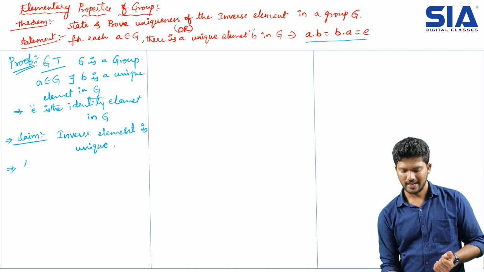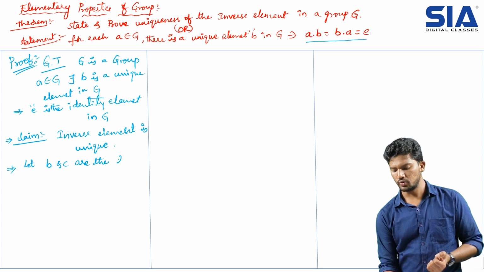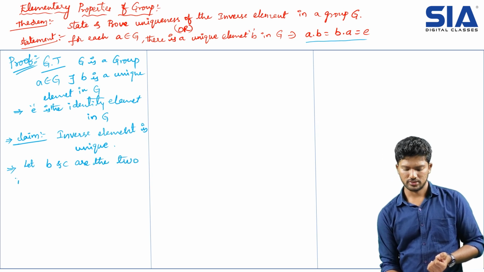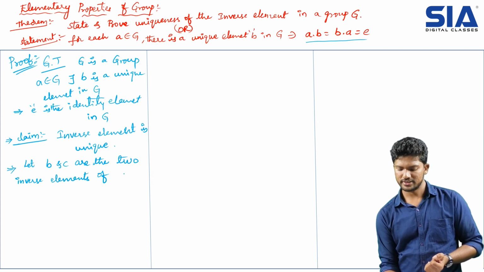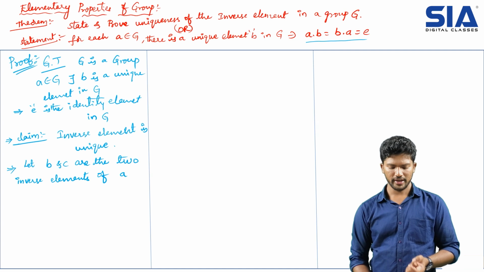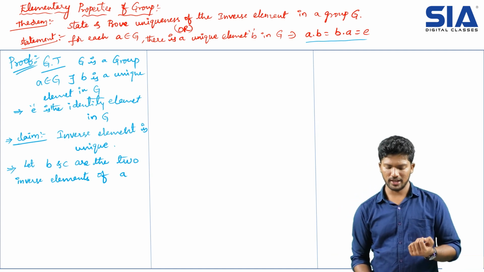That is, let B and C be two inverse elements of small a.